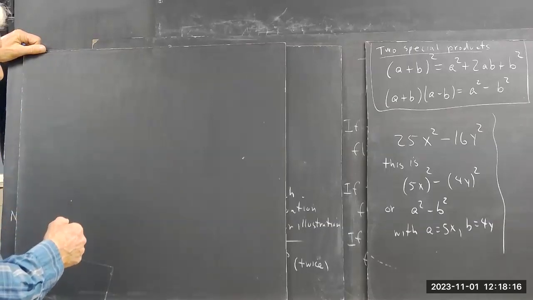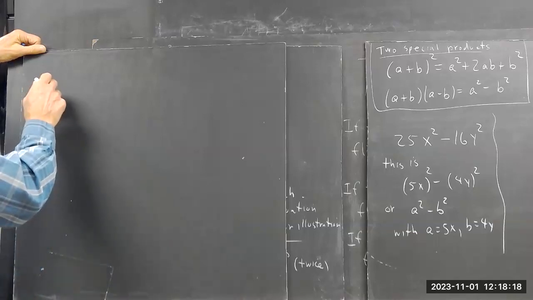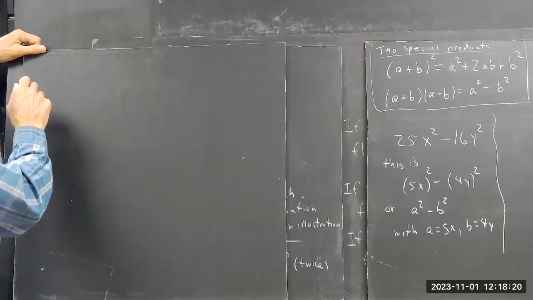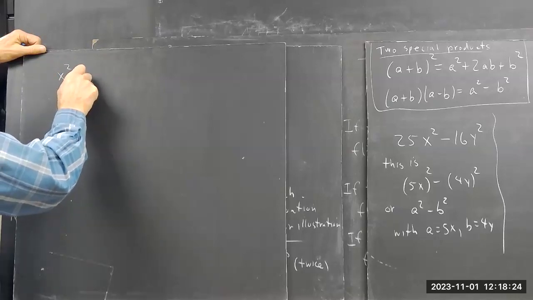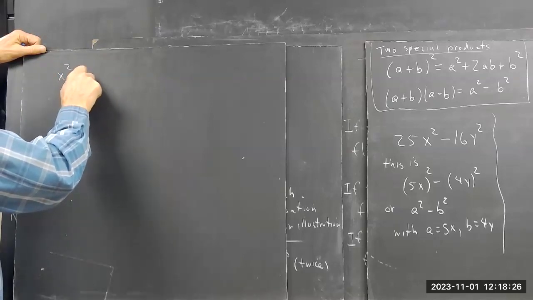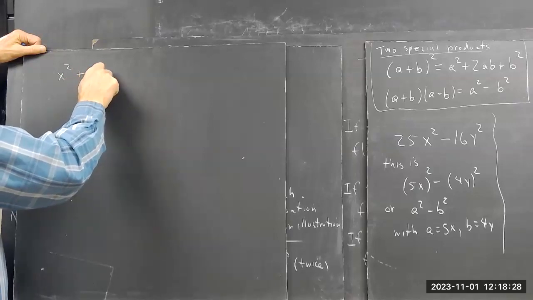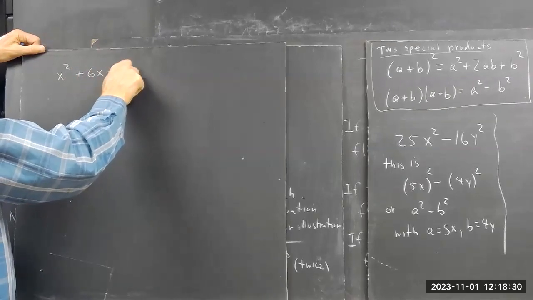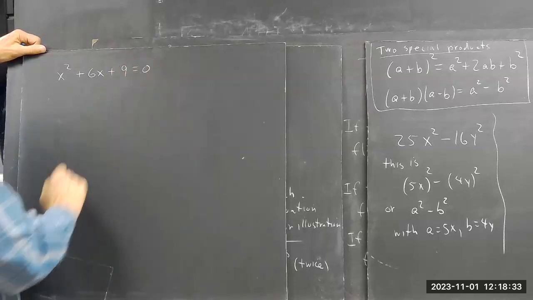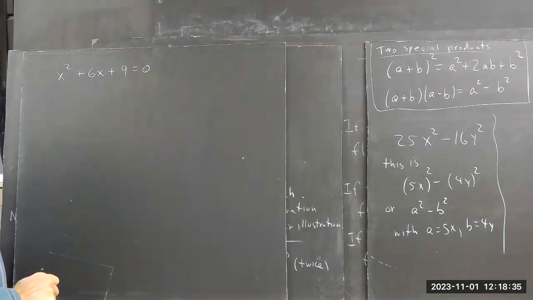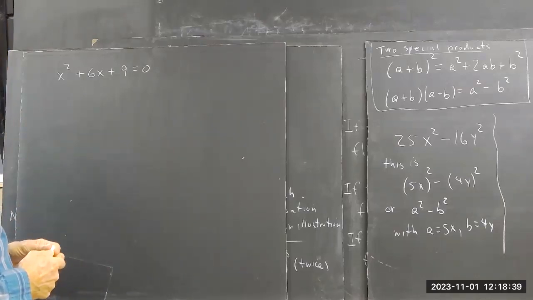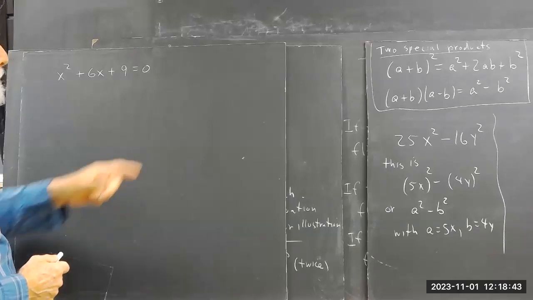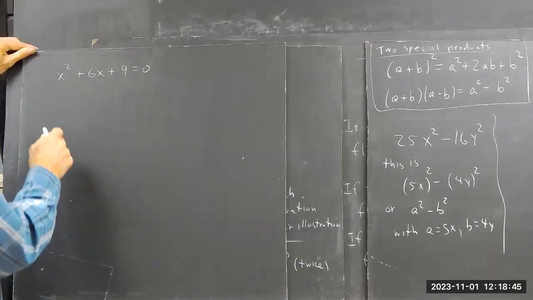Okay, so we have, let's say, the equation x squared plus 6x plus 9 equals 0. Okay. This is of this form.